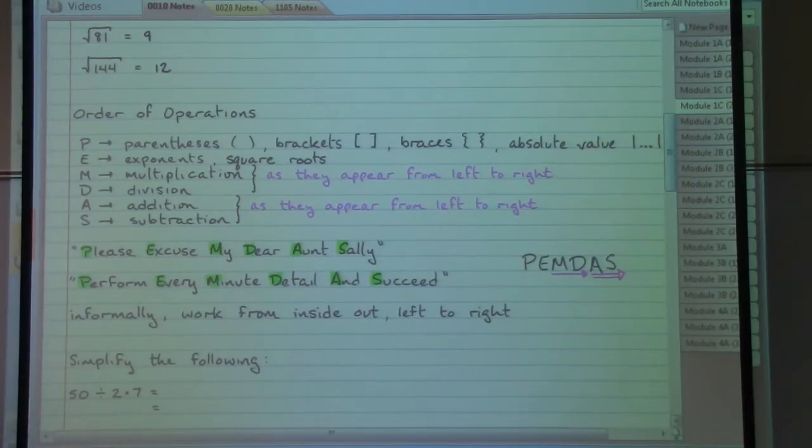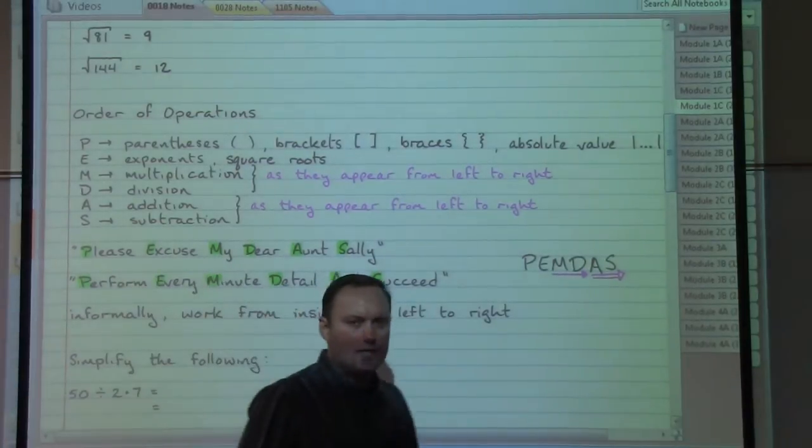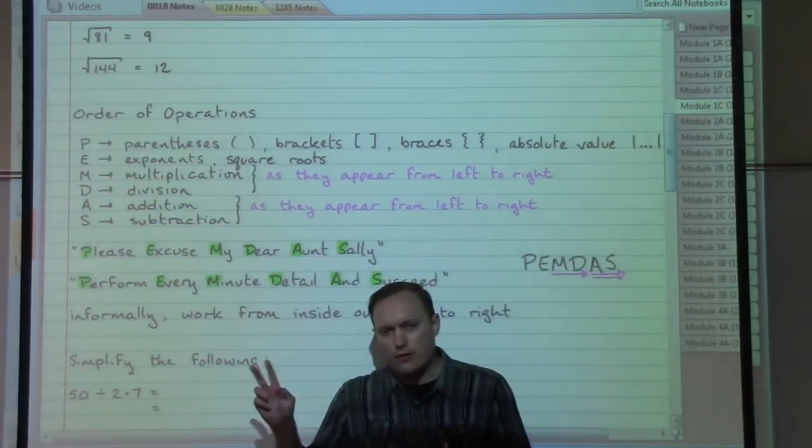So when we read this particular problem, because we don't have any other special symbols, we just read 50 divided by 2 times 7. Because there's nothing that is trapping one part of this or another part of this, we don't have anything immediately obvious about which of these two actions we do first.